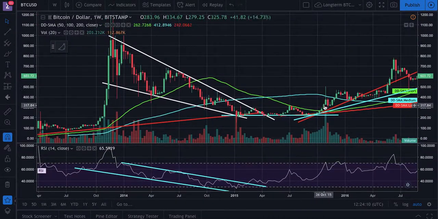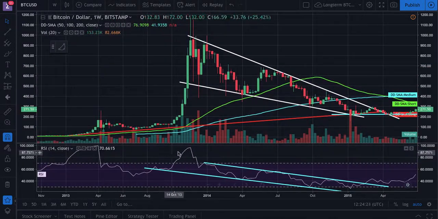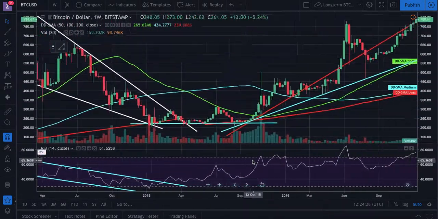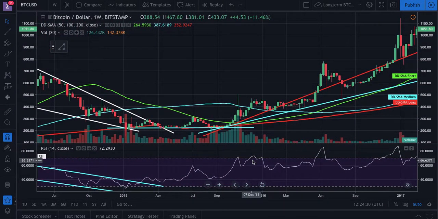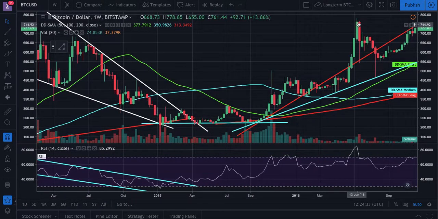Let's say the accumulation phase started here, and now we can see around here that the RSI has been as high as, how high is this, something like 96. So we're gonna look for something like 90 to 96. Well, when the bull run starts, we're gonna look for this kind of top around 85.